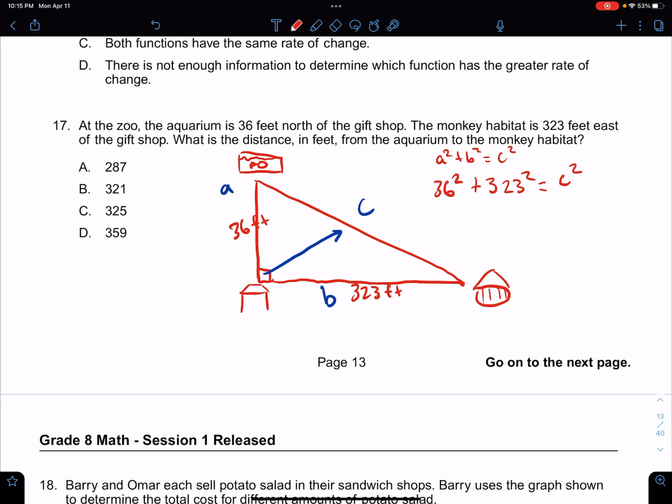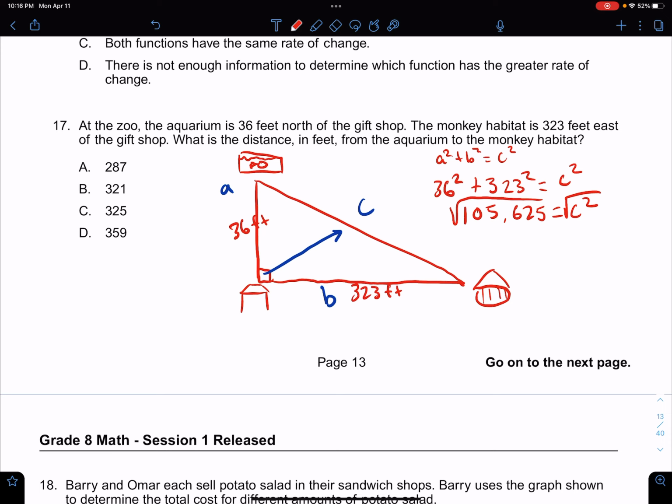When you do 36 squared plus 323 squared, I get 105,625. That's equal to C squared. How do I get C by itself? I take the square root of both sides.